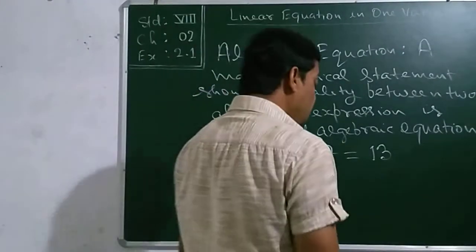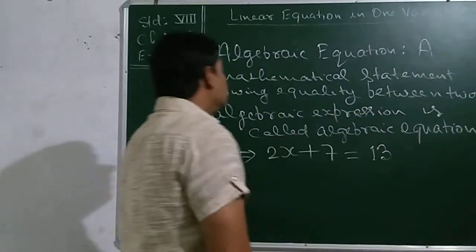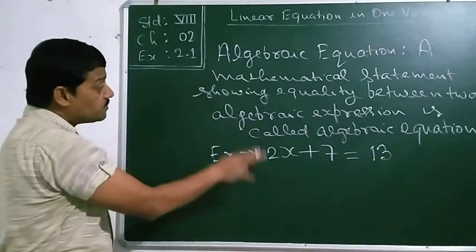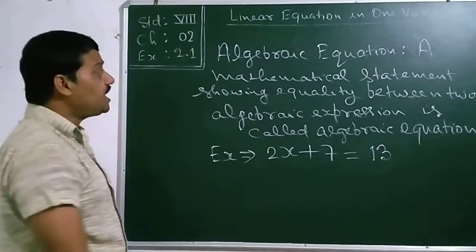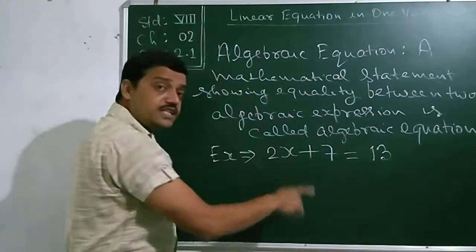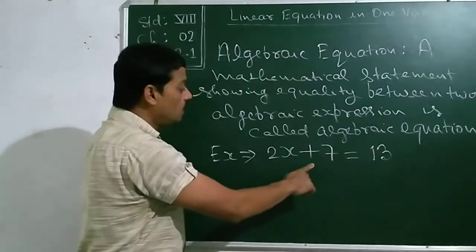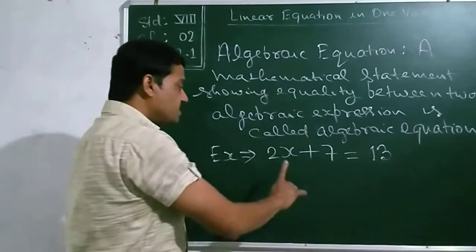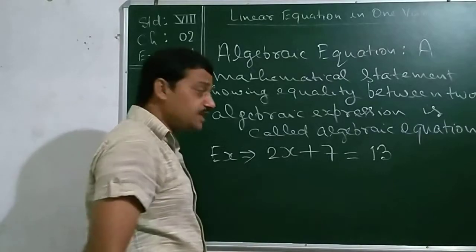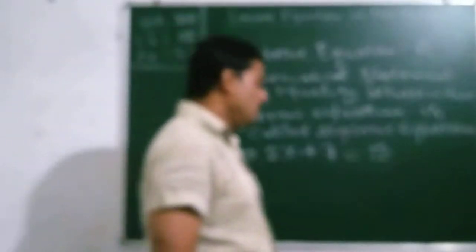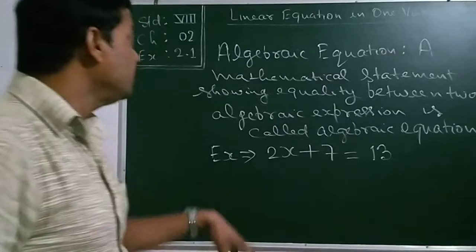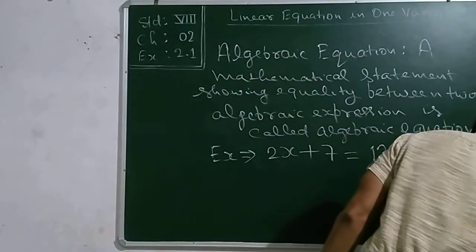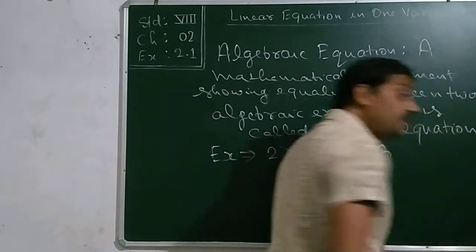Now come to the linear equation. Any algebraic equation in which the highest power of the variable is 1, then that equation is known as a linear equation.